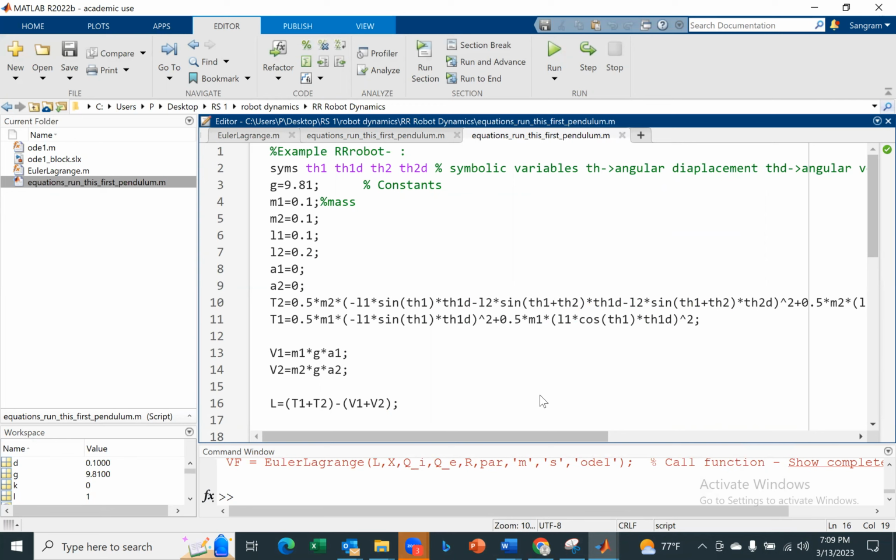So you have something like this. And what we are assuming for the very first problem is that these links are L1, L2, and this mass is M.